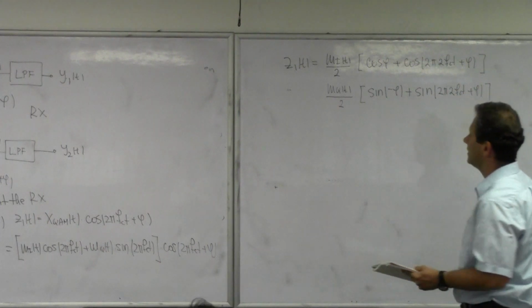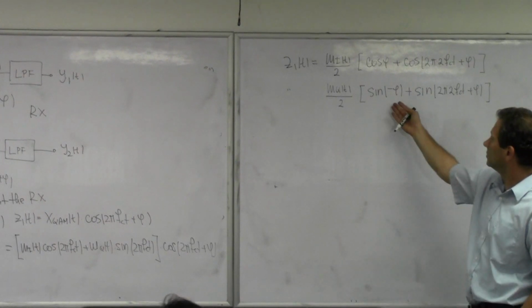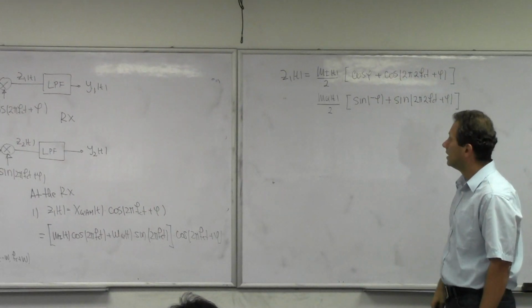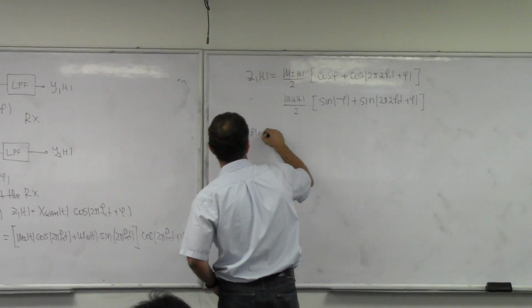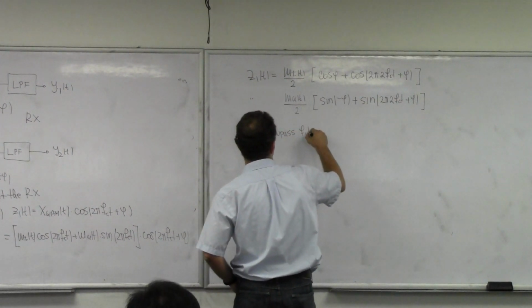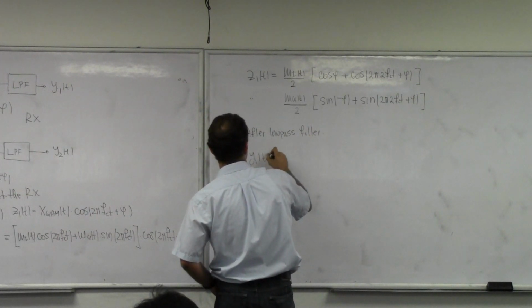Okay? So again, I'm using trig identities. Sine times cosine gives you sine of the difference plus the sine of the sum. Now, after low-pass filtering, what is it that I obtain? This is my signal y1 of t.